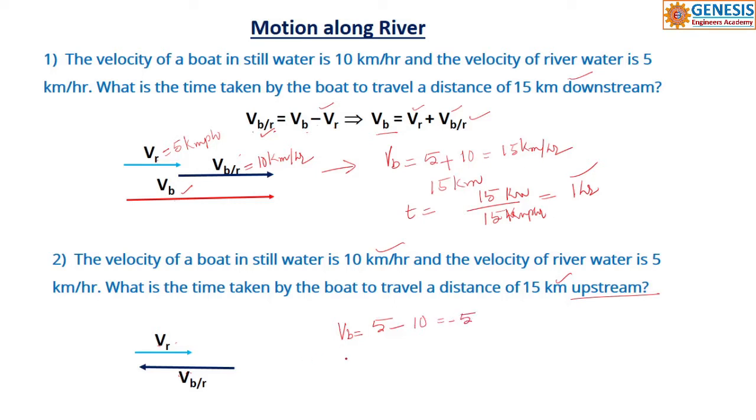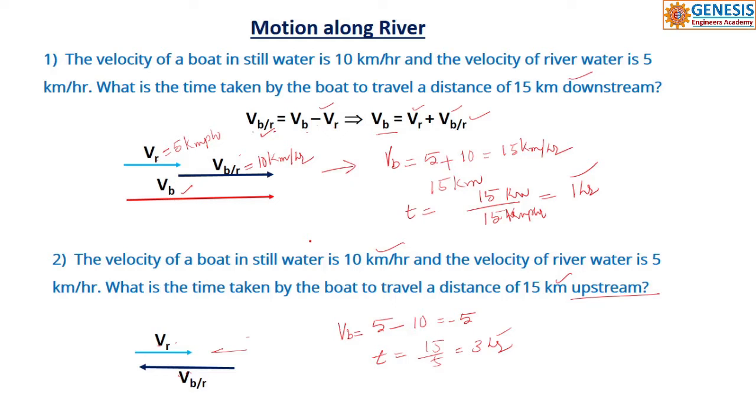In the previous case it was to the right side, now it is in the opposite direction, so it is going upstream. The time is 15 by 5, so it is 3 hours. In downstream it is easy to row along the stream, and it is harder opposite to the stream.